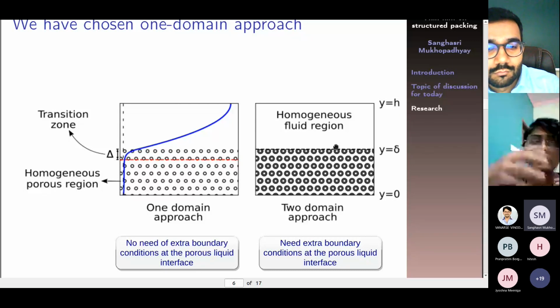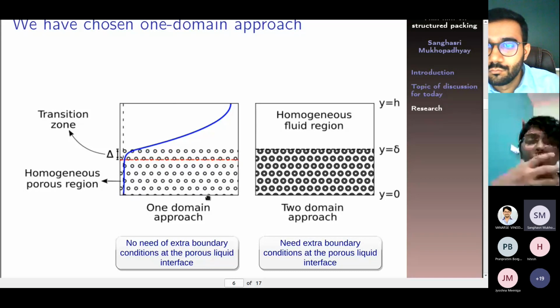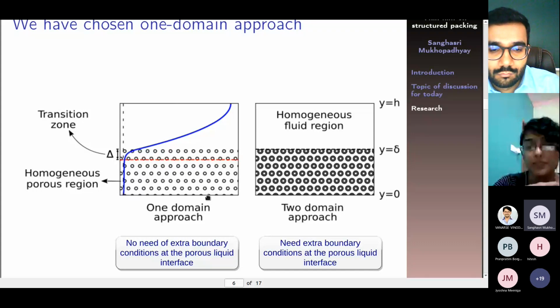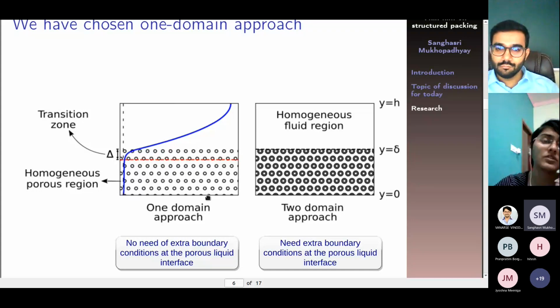But the one domain approach is an approach where we consider the porous medium as a pseudo-liquid layer, and we assume that the characteristic properties of the porous medium, for example porosity and permeability, vary continuously from the porous to the liquid layer. There is a small transitional zone, with a capital delta here.